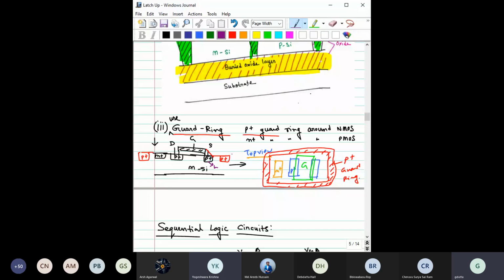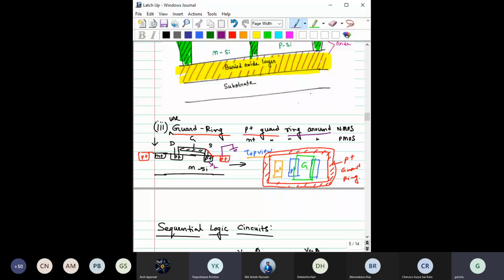This guard ring is connected with a ground, right? This is a hole, this is a P plus region and it has been connected with a ground. This hole will be attracted to the lower potential compared to this.